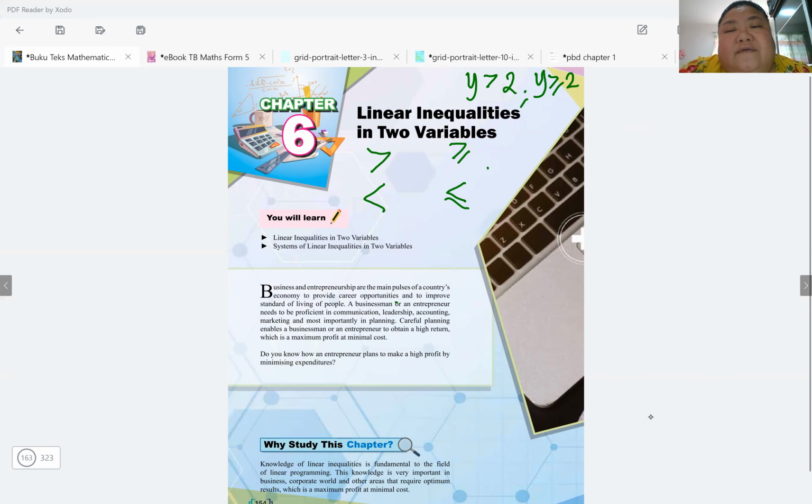If you have y less than 2, your value will be 1, 0, -1, -2, -3, and so on. If y is less than or equal to 2, then the value will be 2, 1, 0, -1, -2, and so on. I hope you understand the differences between these inequalities.